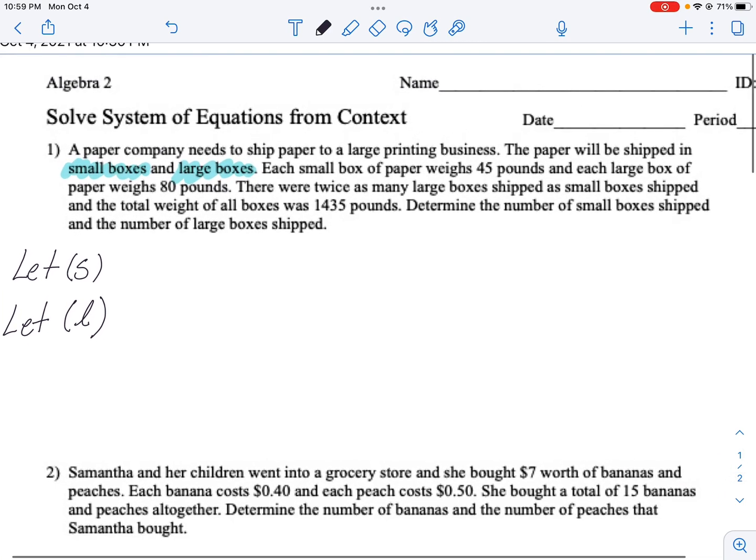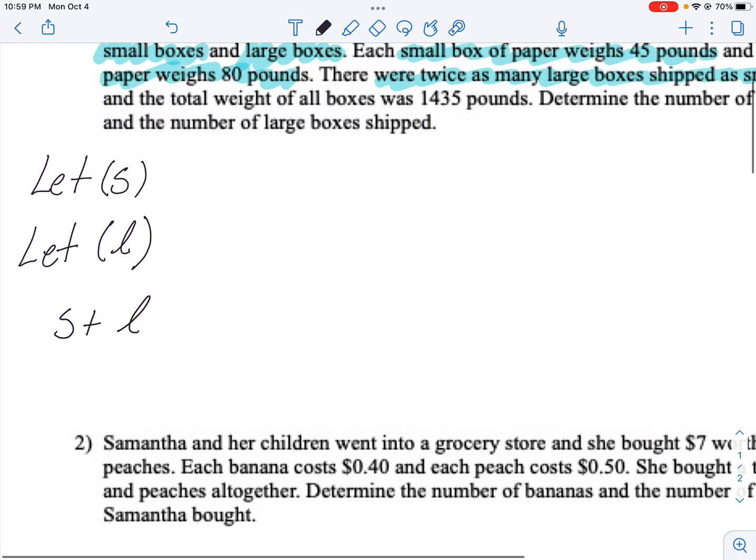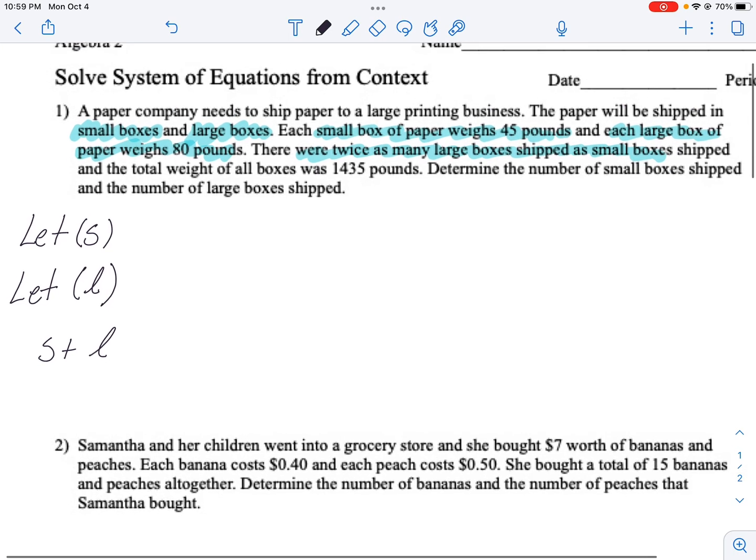And each small box weighs 45 pounds. And each large box weighs 80 pounds. There were twice as many large boxes shipped as small boxes.